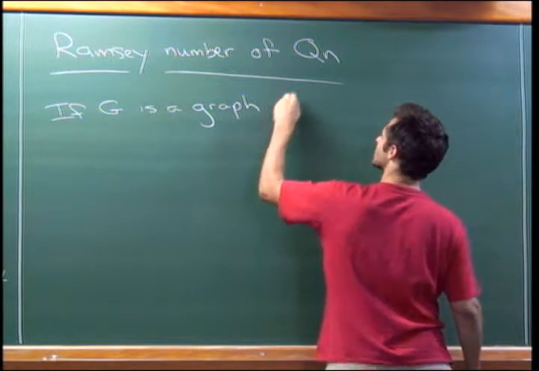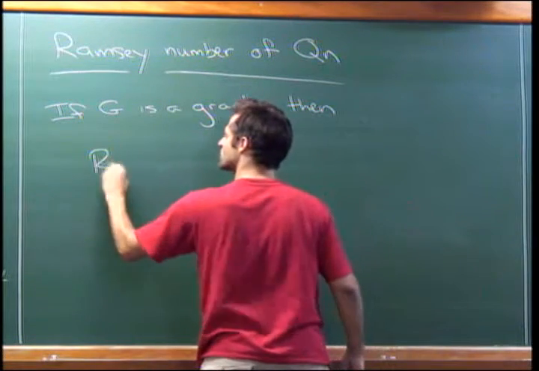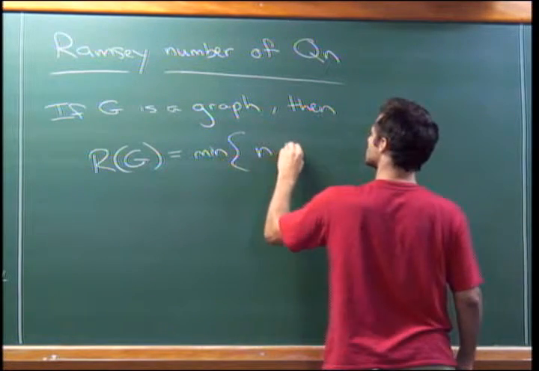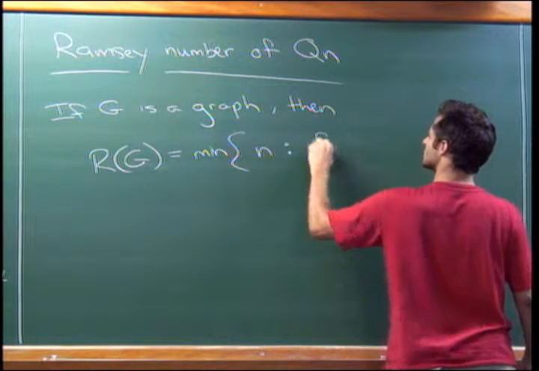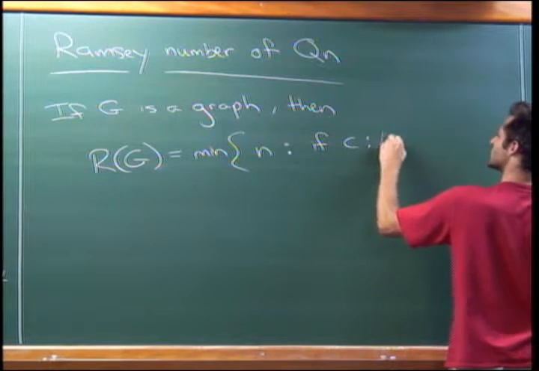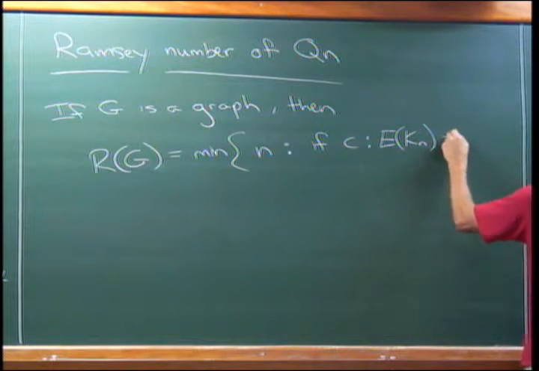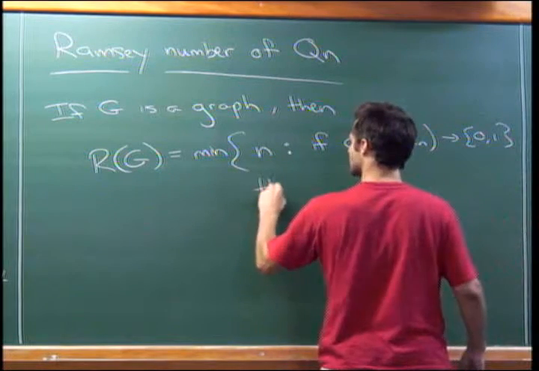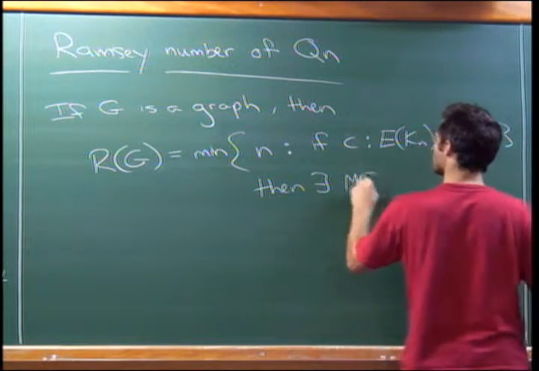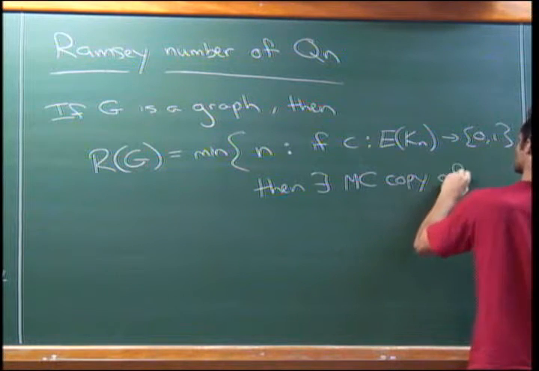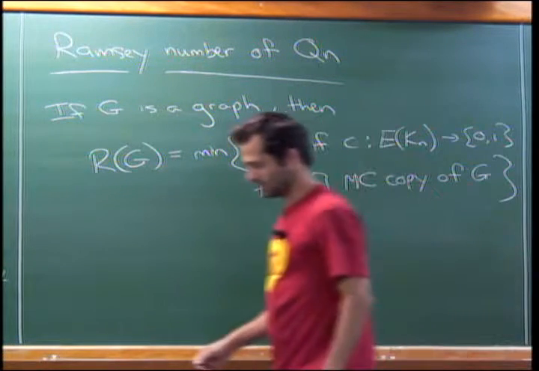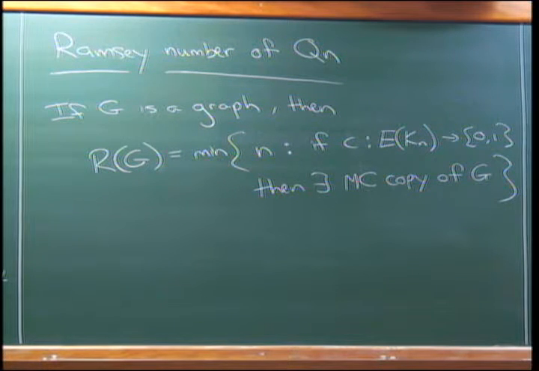If G is a graph, then we define the Ramsey number of G to be the minimum n such that if you have a coloring of the edges of the complete graph on n vertices with two colors, then there exists a monochromatic copy of G. So you take the complete graph on n vertices, color the edges red and blue.